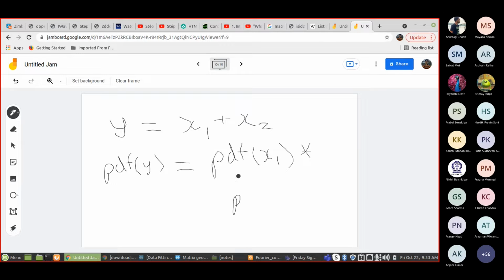PDF means probability density function. This can be verified.